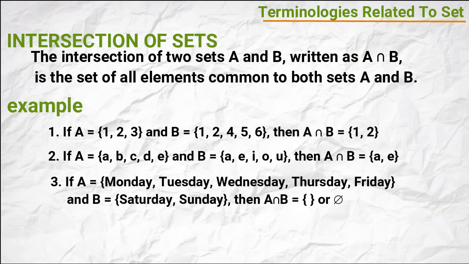Number 3, if A is equal to {Monday, Tuesday, Wednesday, Thursday, Friday}, and B is equal to {Saturday, Sunday}, then A intersection B is equal to the null set or empty set.